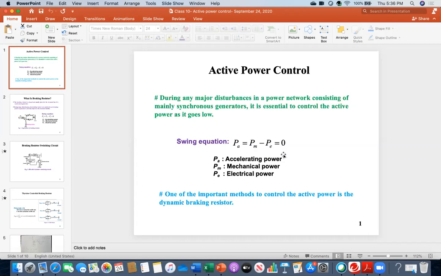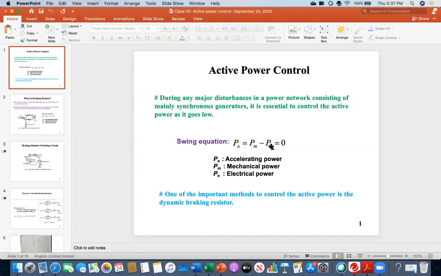Because it was providing 100 megawatt, active power control means you have to provide some means, some methods in the network side that can provide close to 100 megawatt, or if possible 100 megawatt. That is the meaning of active power control.